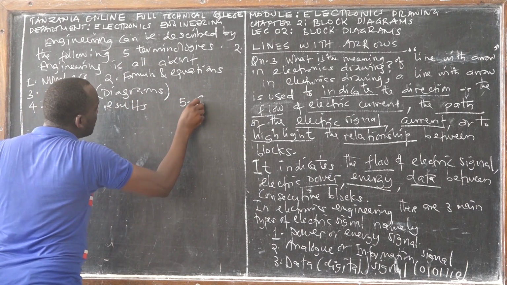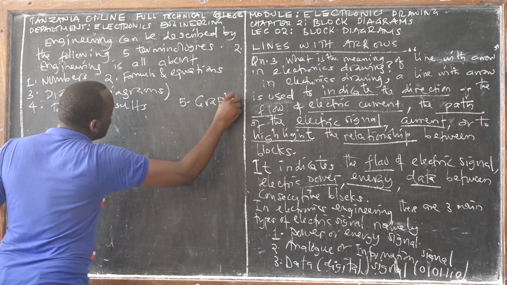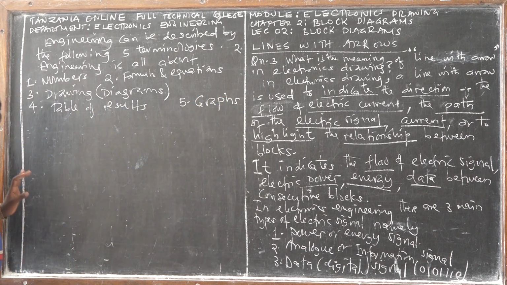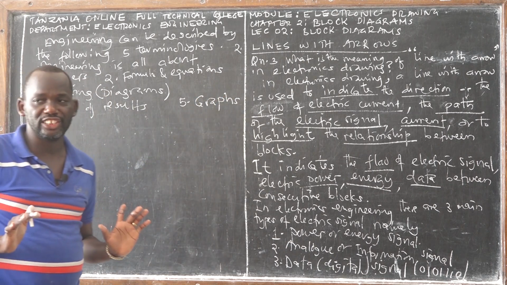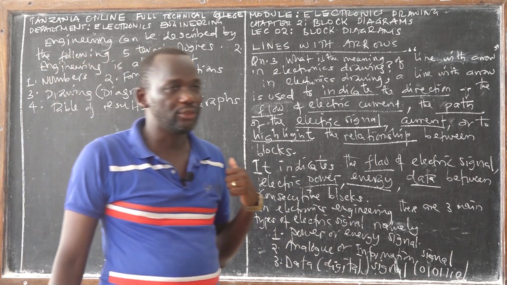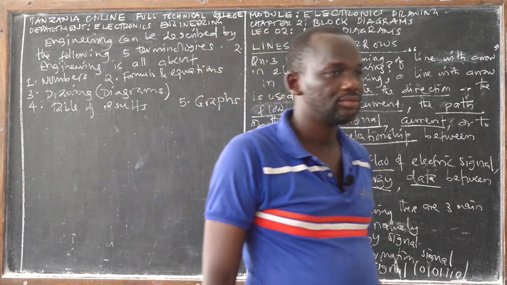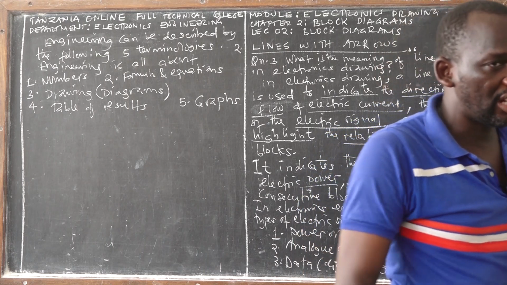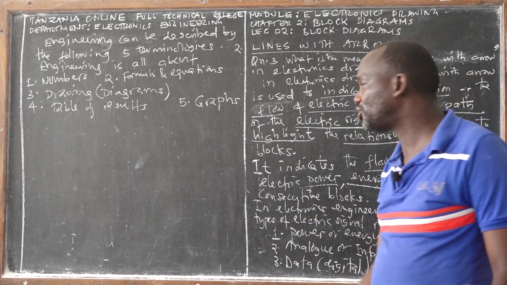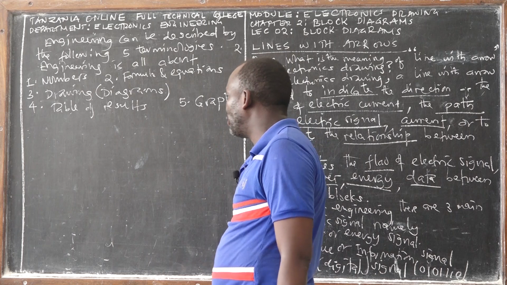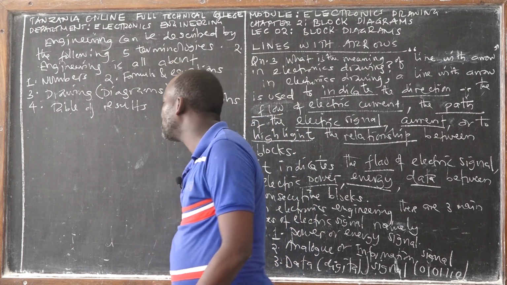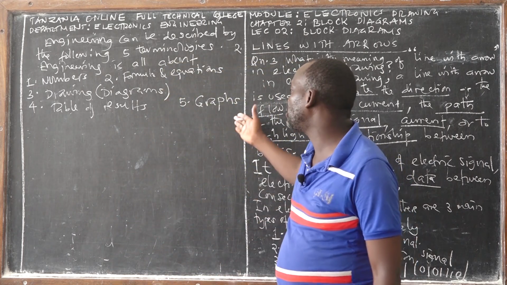Say table of results. And engineering is about graphs. So whenever you want to talk about anything in engineering, talk by using those 5 terminologies. Try your level best to talk in terms of numbers, or formula and equations, or drawings or diagrams, table of results, and graphs.